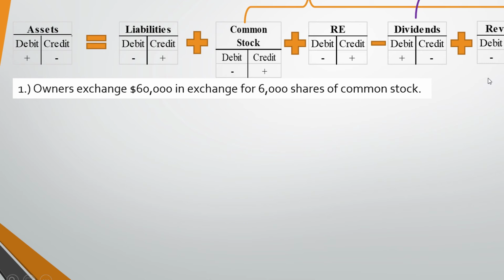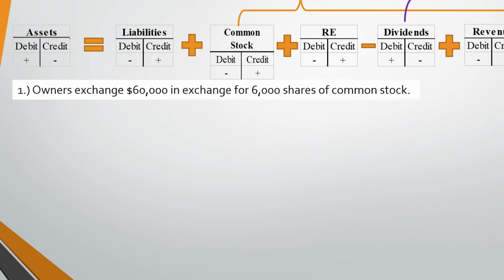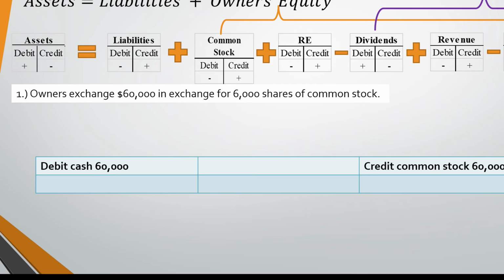So let's look at these transactions one more time, taking into account debits and credits. Transaction number 1, owners give the company $60,000 in exchange for common stock. Debit cash, credit common stock. Debit cash, that makes cash go up because cash is an asset. Common stock is equity.